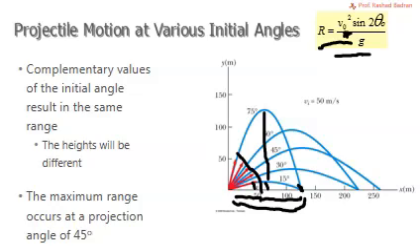This means that theta naught of 45 degrees gives us the maximum range. So when theta equals 45, the range becomes the maximum range.